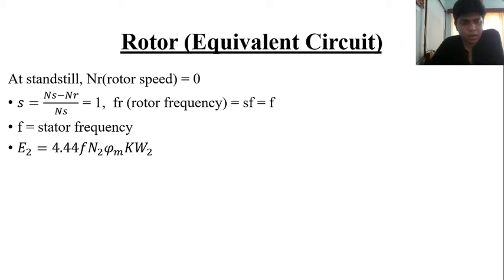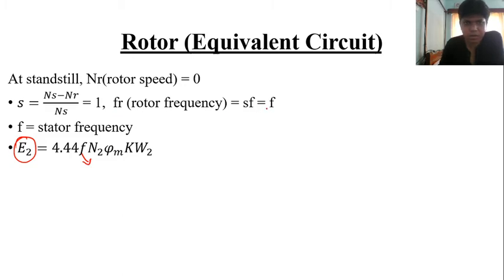Now, the expression of the rotor induced EMF of an induction motor is E2 = 4.44 F N2 phi m kW2. Here E2 represents the rotor induced EMF, and F represents the rotor frequency.